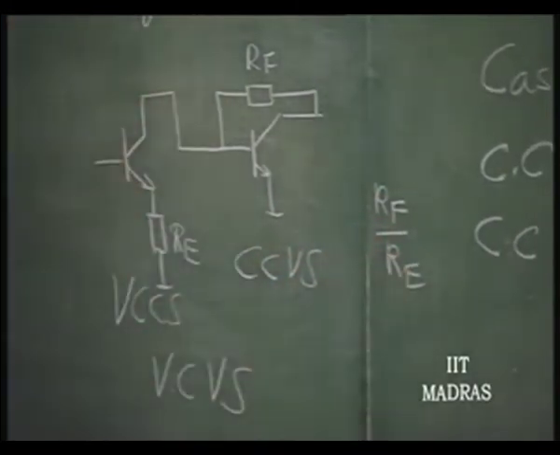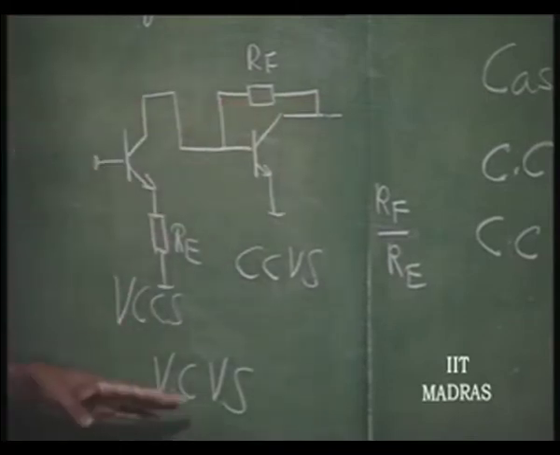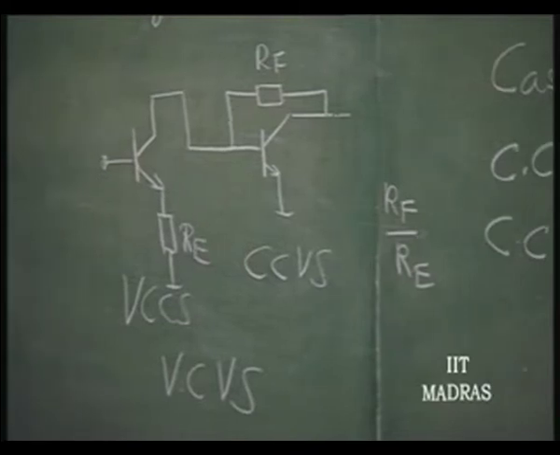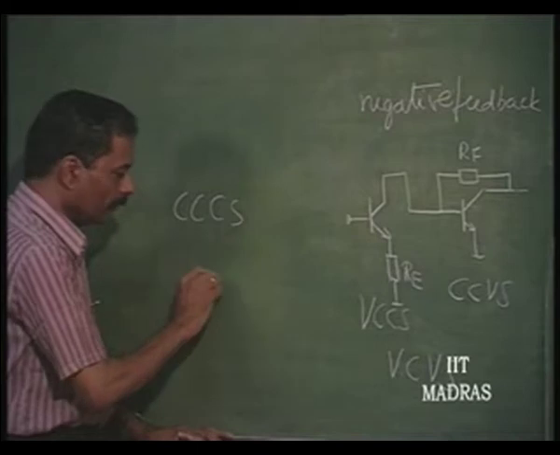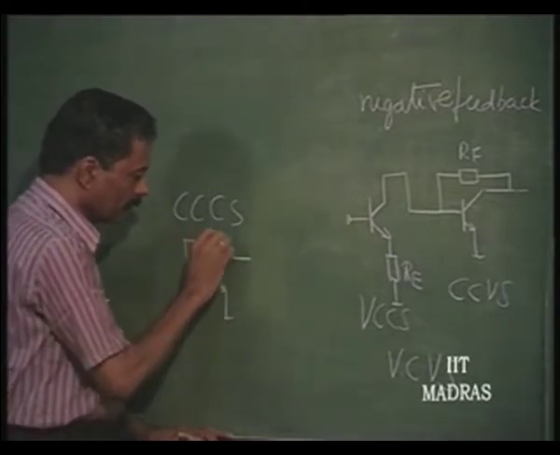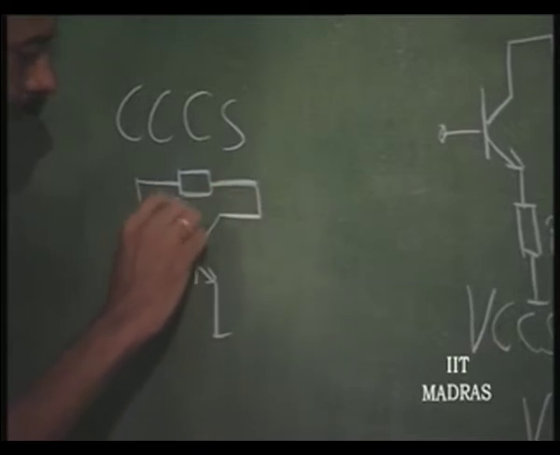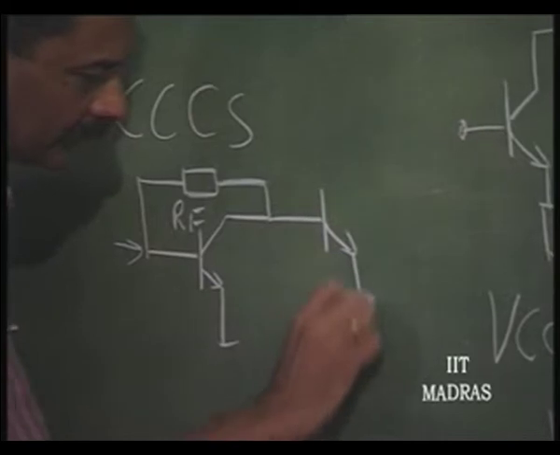Please refer back to your notes on wideband amplifiers, and this is a wideband amplifier, voltage controlled voltage source. If you want a wideband amplifier, current controlled current source, then you put this first, and then this next.